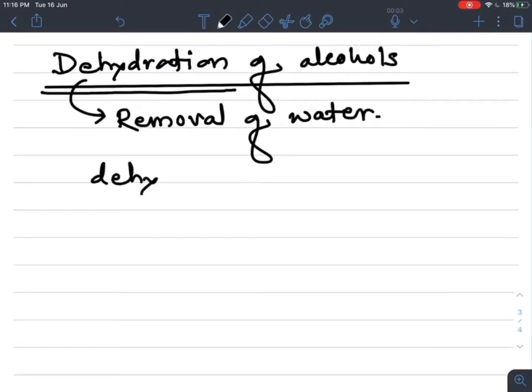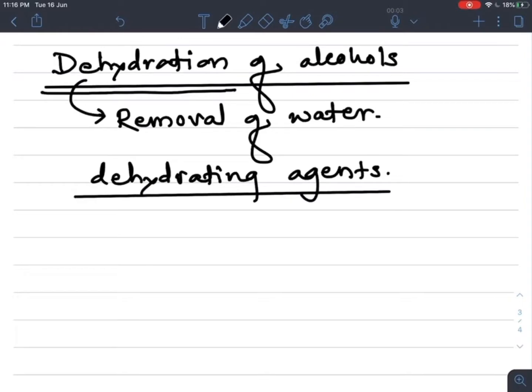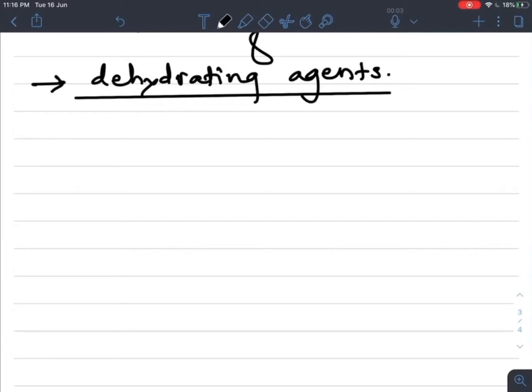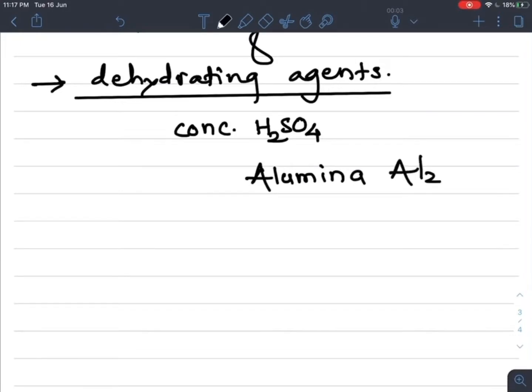So dehydrating agents are used for the dehydration of alcohols. Which are the dehydrating agents? This is also a most important thing. There are a number of dehydrating agents. In that, first is concentrated sulfuric acid, H2SO4. Second one is alumina, that is Al2O3.